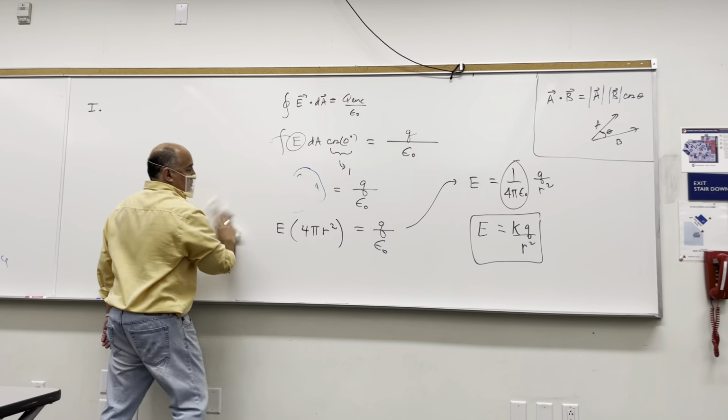Now, as soon as you step outside the sphere, the electric field is given by this expression, KQ over R squared. And 1 over R squared is like this. So this one goes as 1 over R squared. At the surface, I cannot tell you what the electric field is.